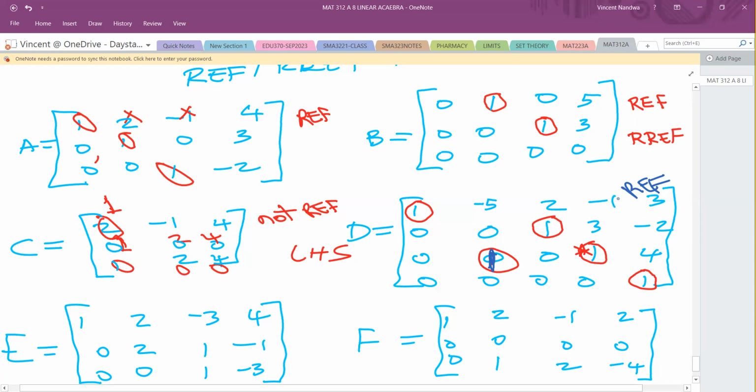Other things are zero. Where the leading ones are is what determines the reduced row echelon form of the matrix. You identify where the leading ones are, and then check through the columns where they belong. Is every other element zero? If that is the case, then it's in reduced row echelon form.